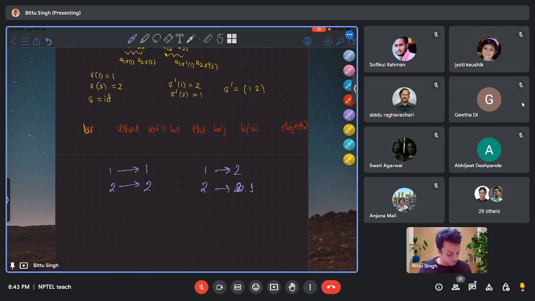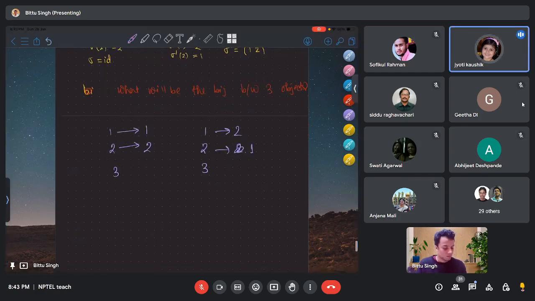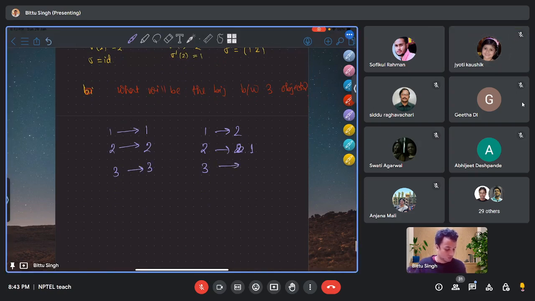Now instead of 2, if there were 3 objects, how many ways can you map? Six. Three factorial. And these are all permutations.